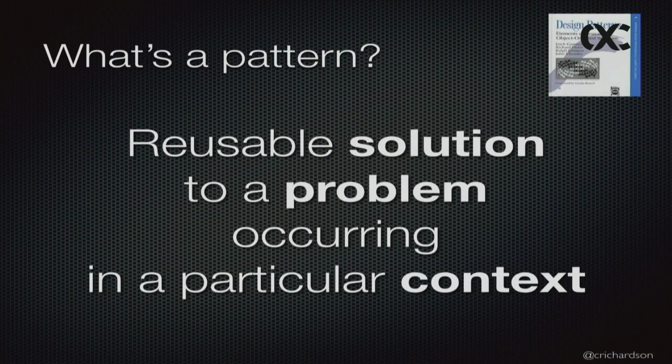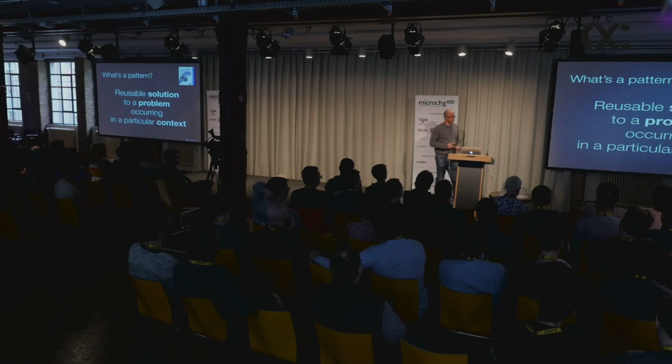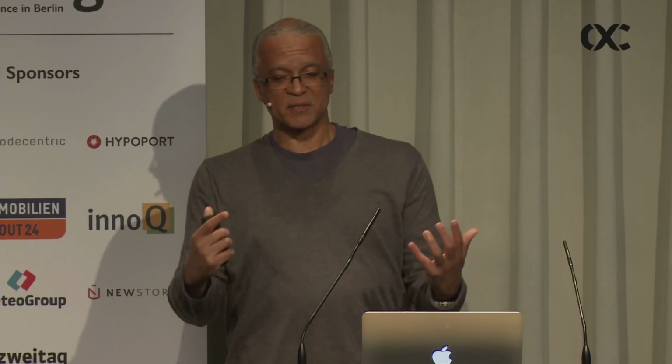The idea of a pattern is nothing new. The Gang of Four book came out in 1994, so 20-odd years ago. It was a collection of design patterns, and of course they went through their own hype cycle, where for a while there was an expectation that you should design everything using design patterns. That was popular probably 15-odd years ago. But ignoring that and taking a step back, what is a pattern?